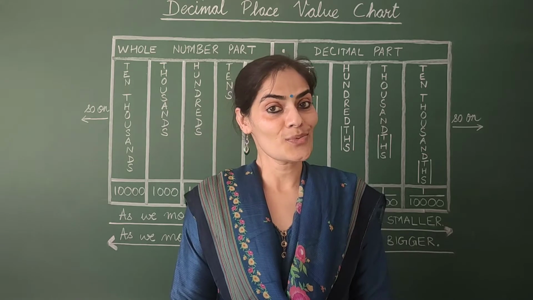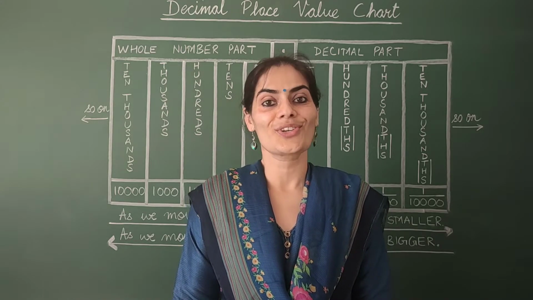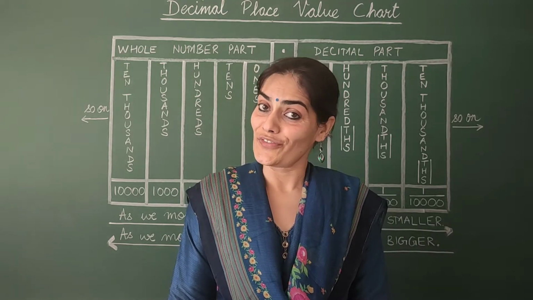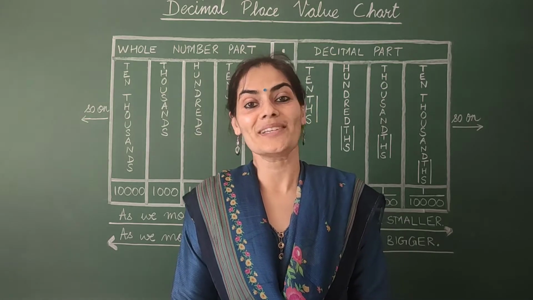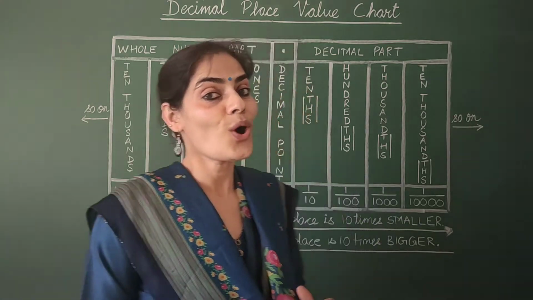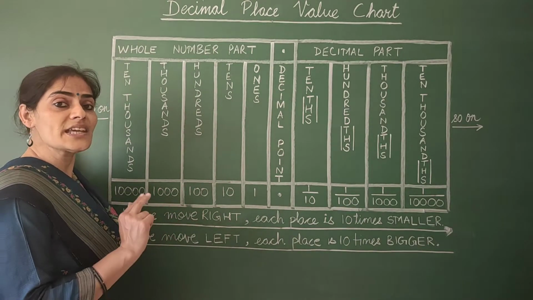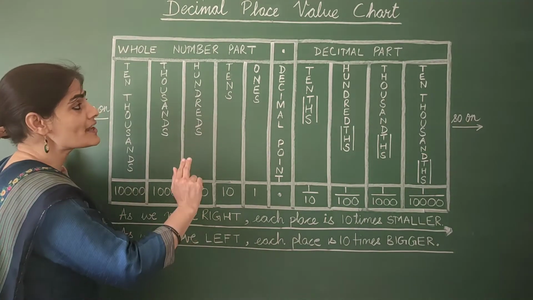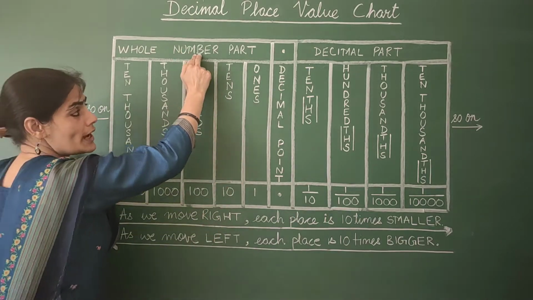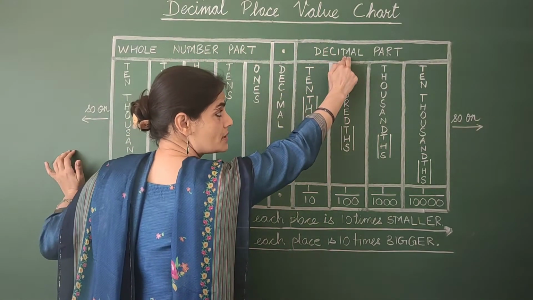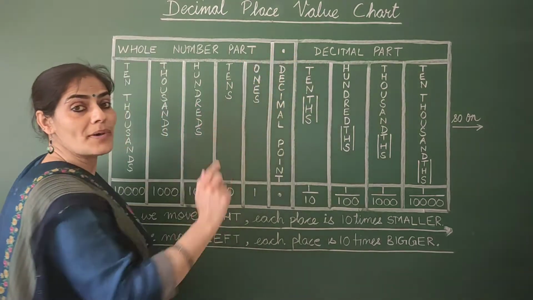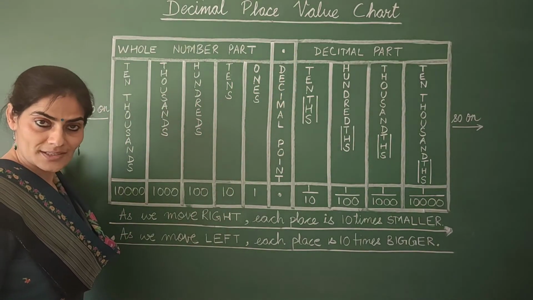In my previous video, you were introduced to a new kind of number called decimal number. As you all are aware, a decimal number is a type of number which has two parts, whole number part and decimal part, separated by a decimal point.